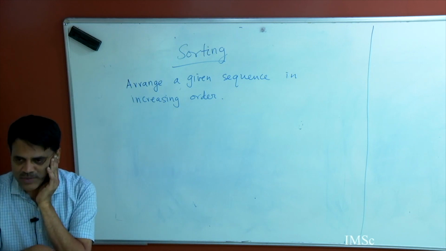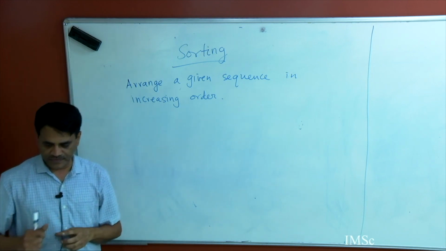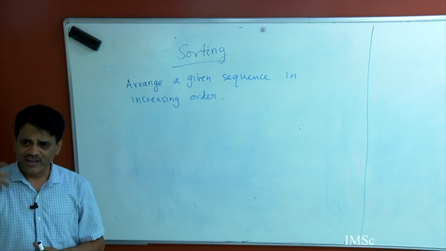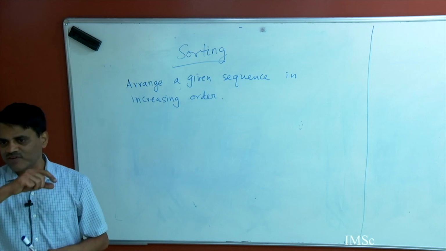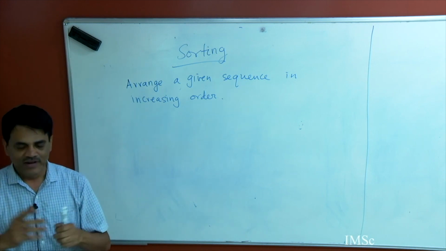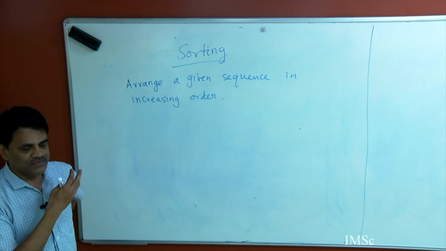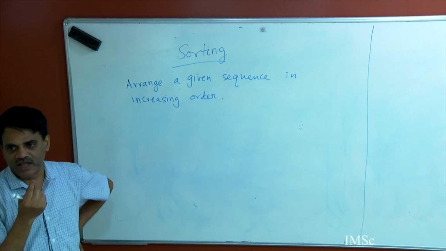So it's important to learn efficient sorting algorithms. Sorting is something you've seen from grade 5, grade 6, where kids are given some numbers to arrange in increasing or decreasing order. But we want to find a systematic way, analyze the algorithm, and find more efficient algorithms.